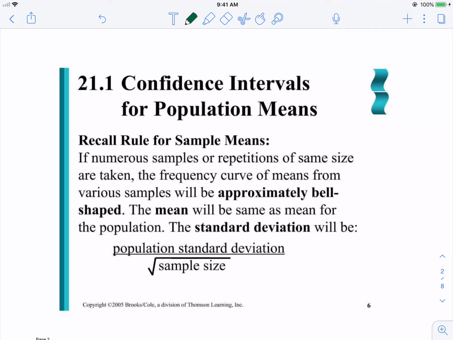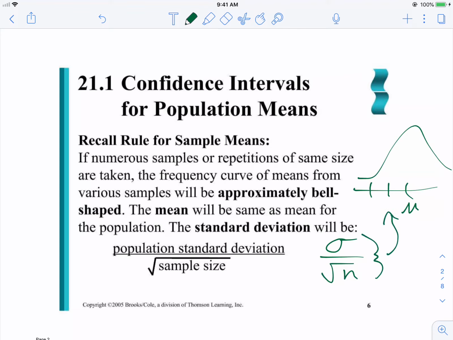And the standard deviation will be given by this equation with population standard deviation divided by the square root of the sample size. So again, it fits on this bell curve where that population mean goes at the center of the curve, and then we can count the standard deviations found by this equation, going these step sizes to the left and to the right.